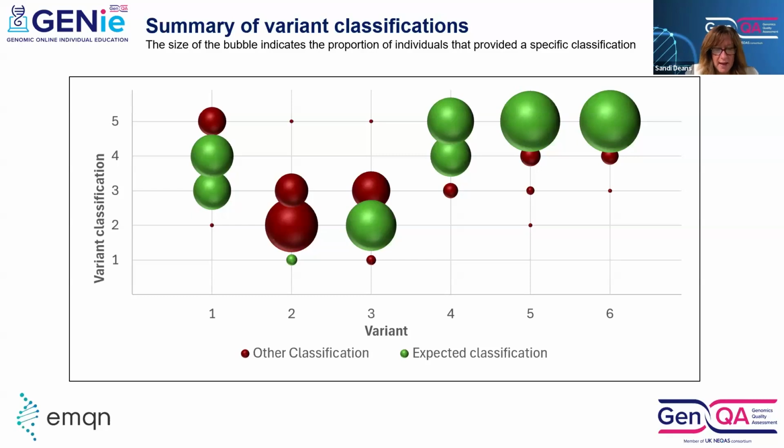Also, variant 1, again, here you can see how you get variation depending on which guidelines you apply. So, for example, the ENIGMA guidelines were coming out at VUS, whereas the CanVIG is coming out at likely pathogenic. So again, I think there are underlying issues why we see a range of classifications.